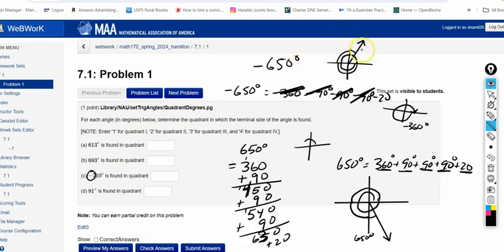And so this is what negative 650 would look like, and it's in quadrant 1. Okay.